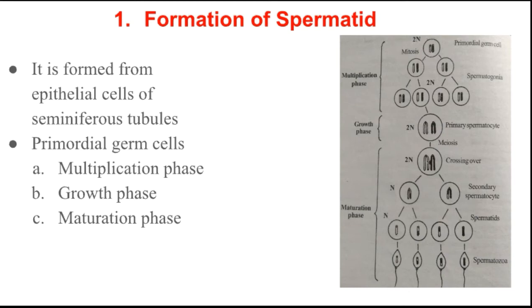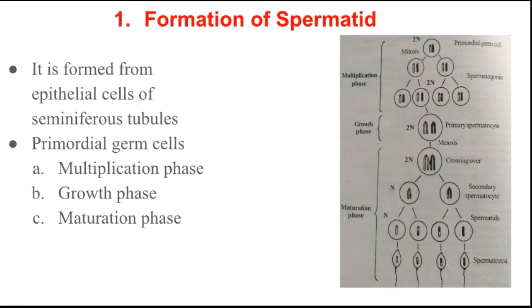The spermatid is formed from the epithelial cells of the seminiferous tubules. The germinal cells which develop into spermatids are called primordial germ cells.